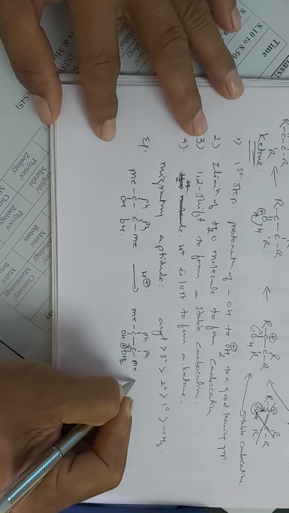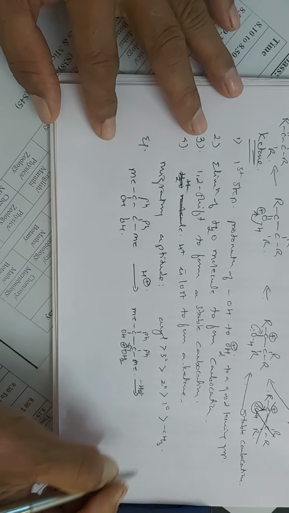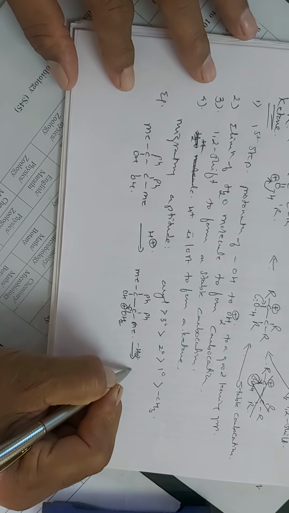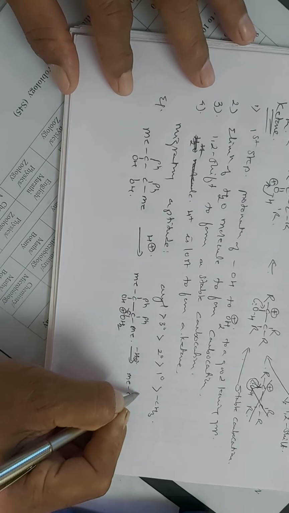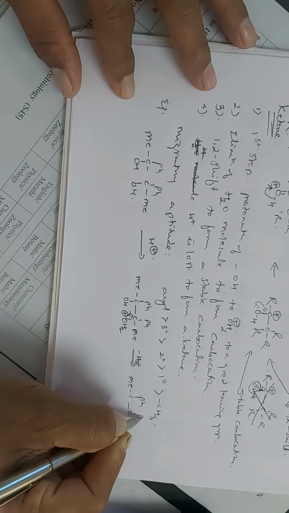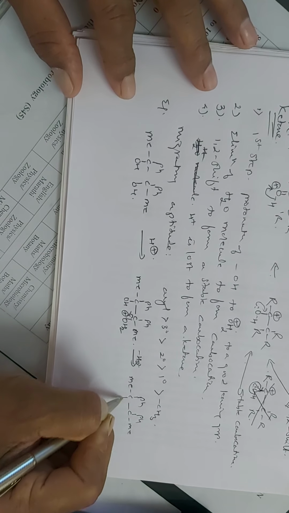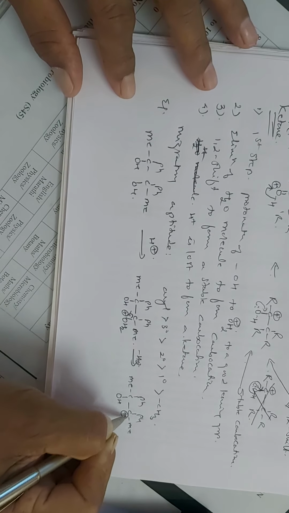This undergoes the liberation of a water molecule, minus H2O. Here you will get Me C(Ph) Me, here OH, and this is the carbocation.